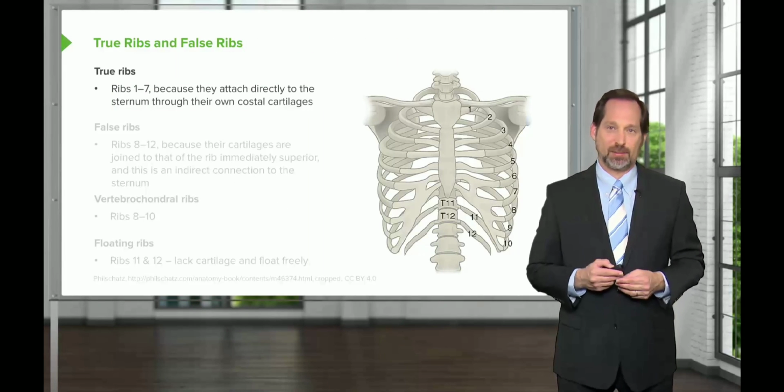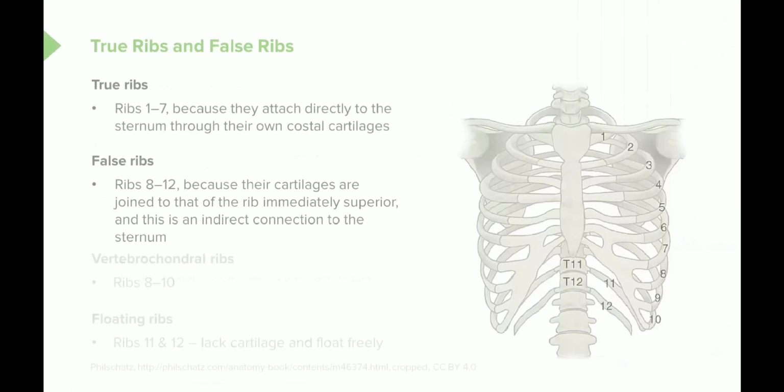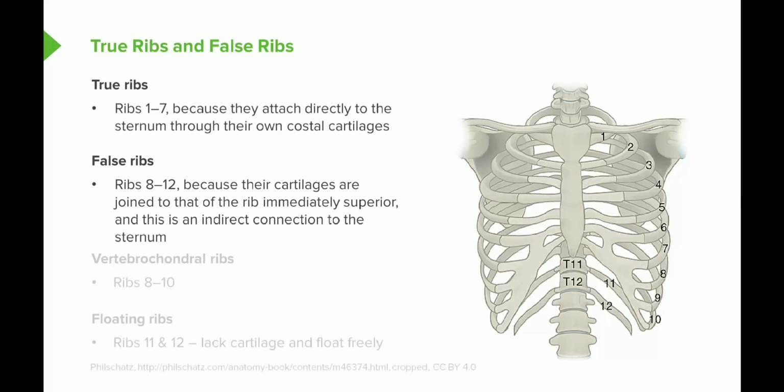The true ribs, ribs 1 through 7, are the ribs that will fuse in the front and become part of the costal cartilages. The false ribs are 8 through 12 because their cartilages are joined to that of the rib below or above it. It's an indirect connection.